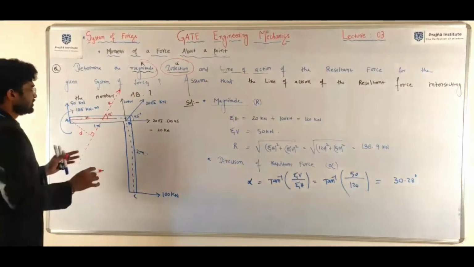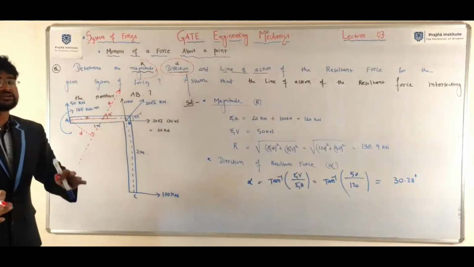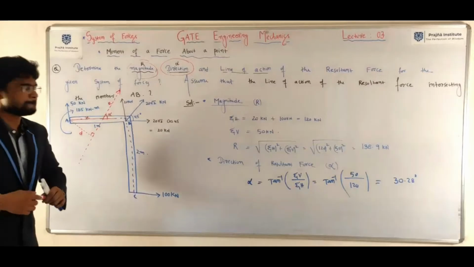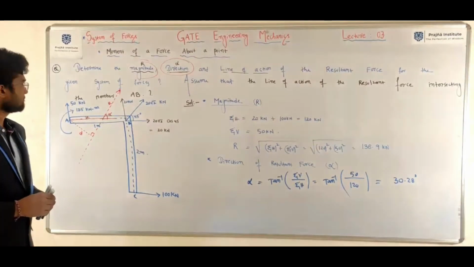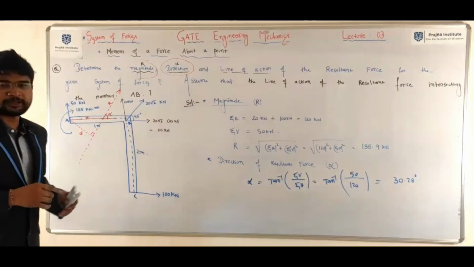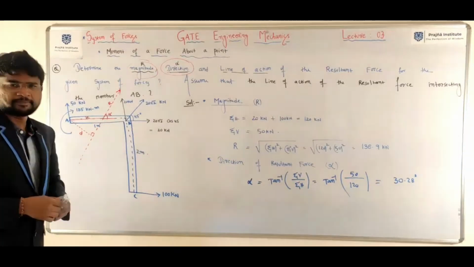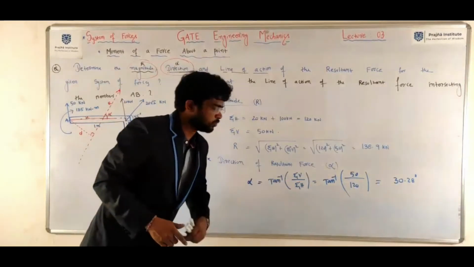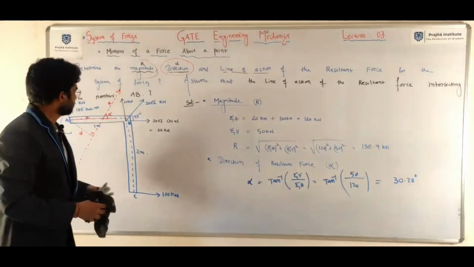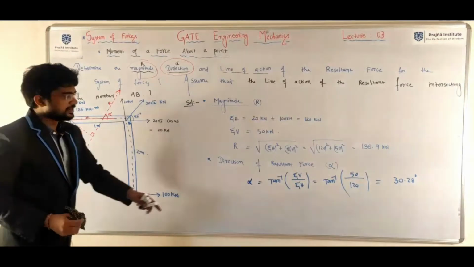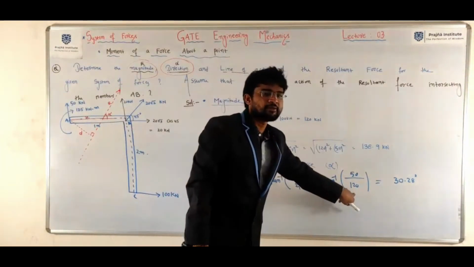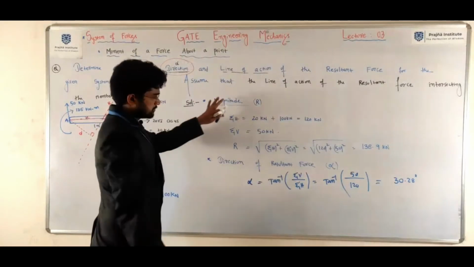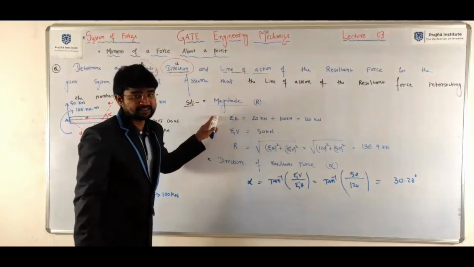Now we need to find the line of action of the resultant force by applying Varignon's theorem. Okay? Clear? Write down up here. Check it one sec. Mobile calculator. 30.28. Correct only, no issue. Tan inverse of 50 by 120 is 30.28. It is the first step actually.